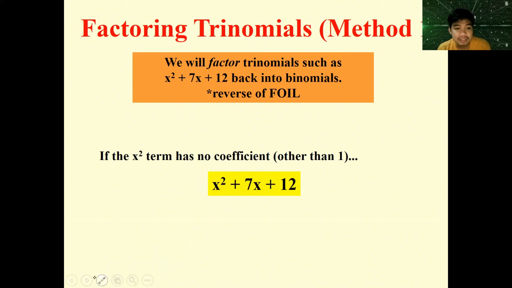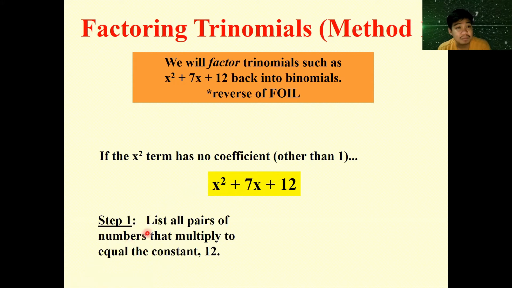So ang gagawin natin dyan, step 1, list all the pairs of numbers that multiply to equal the constant 12. So ang kukunin natin is yung mga factors ng 12. So ano ba yung mga factors ng 12? So 1 and 12, 2 and 6, and 3 and 4.